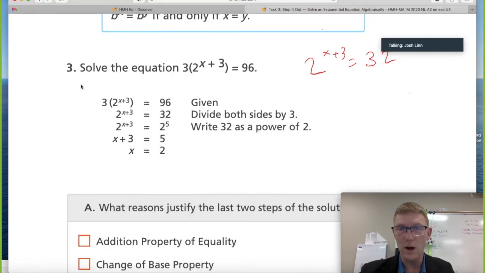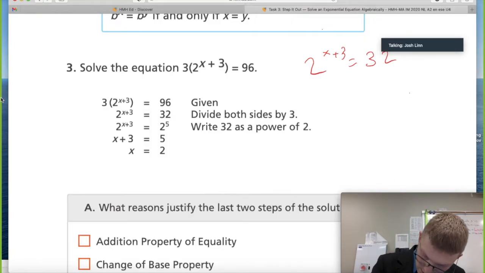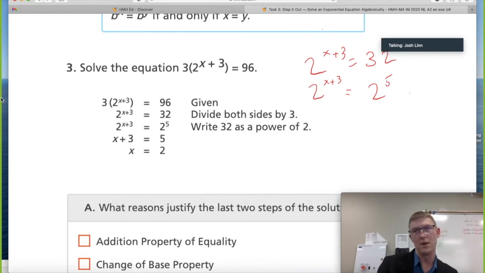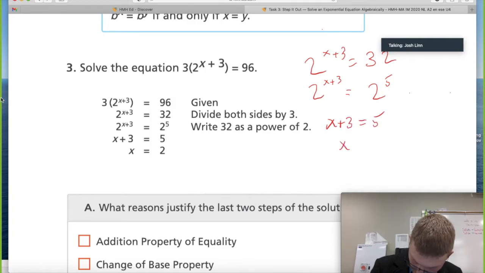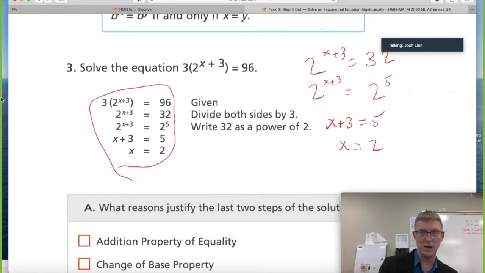So we can rewrite our equation as 2 to the power of x plus 3 equals 2 to the power of 5. Now that we have that, we can say x plus 3 is equal to 5, and then this is basic algebra, x equals 2. Oh look, that's the same thing they got.